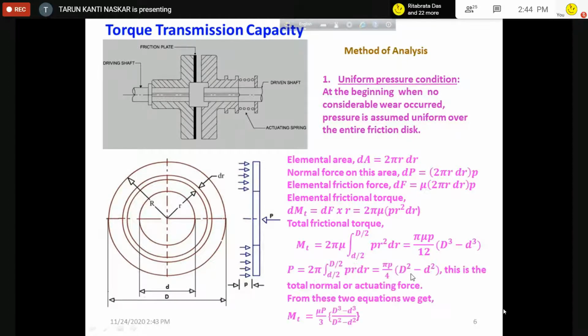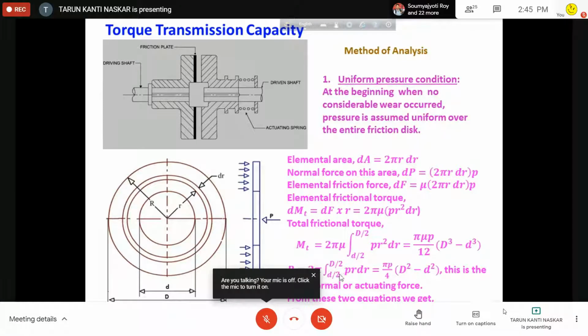Now capital P, that is the total normal or actuating force. What is the value of total P? That is the integral of 2 pi r dr multiplied by small p.